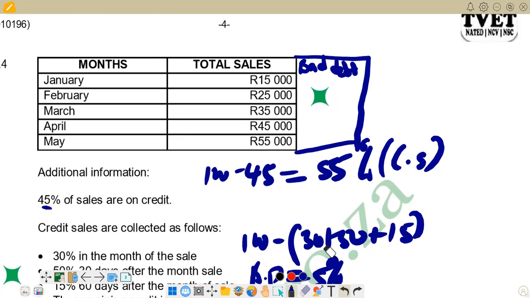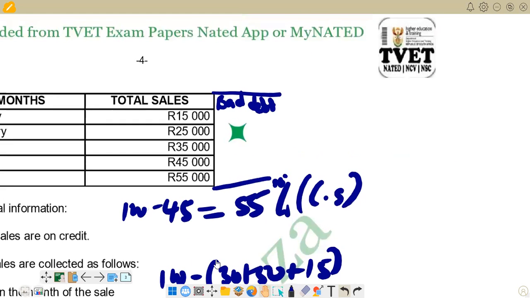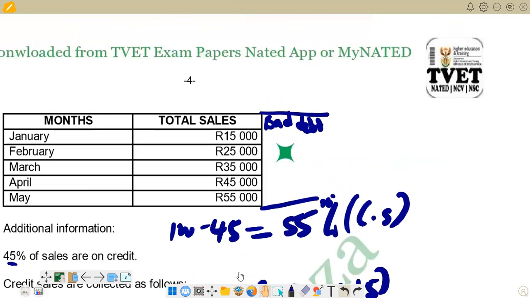We can create a column there. We are given total sales in the table that we are given in the question, as a column there.